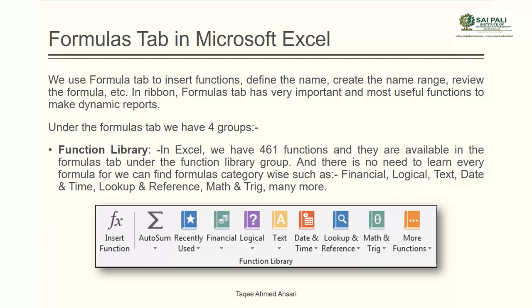The first group which you see is called function library. In Excel we have almost 461 functions and they are available in the formula tab and under the function library group. There is no need to learn every formula, for we can find formulas category wise such as financial, logical, then text related, date and time related, lookup and reference related, mathematical functions, and we have some more function categories here.